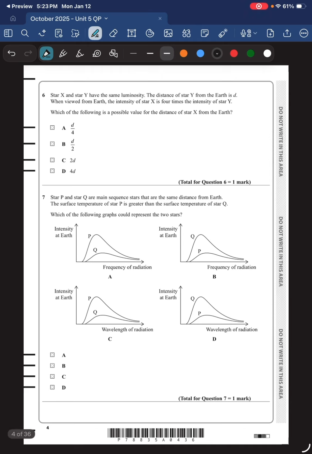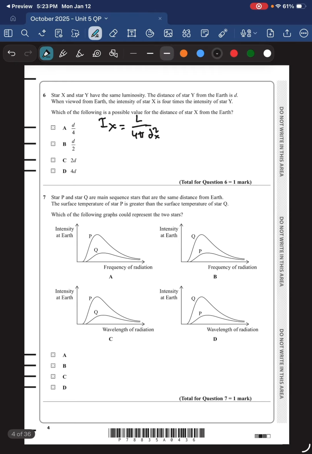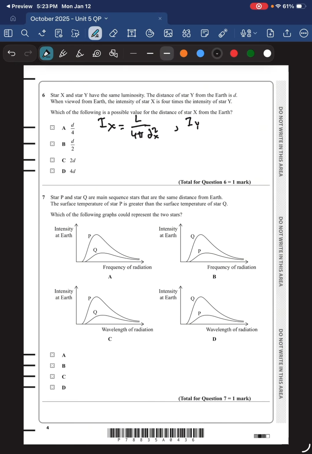Let's write down the intensity of the star X. That's going to be L over 4 pi dx squared, let's call the distance dx. And the intensity of star Y is L over 4 pi d squared, because they give us that the distance of star Y from Earth is d.